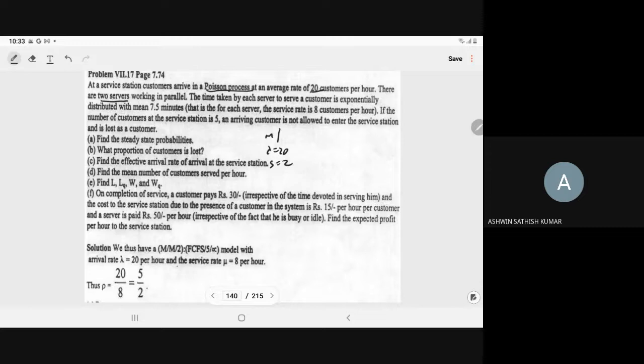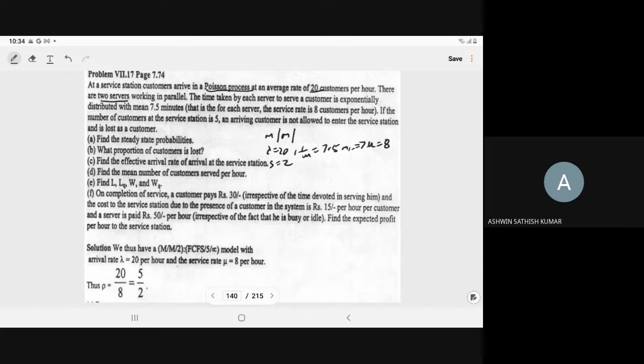The time taken by each server to serve a customer is exponentially distributed, that is the M, with mean 7.5 minutes. So 1 upon mu is given as 7.5 minutes. That is, for each server the service rate will be 8 customers per hour. So this implies that mu is equal to 8 customers per hour.